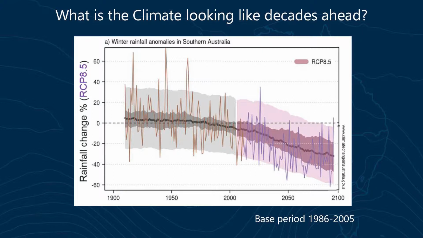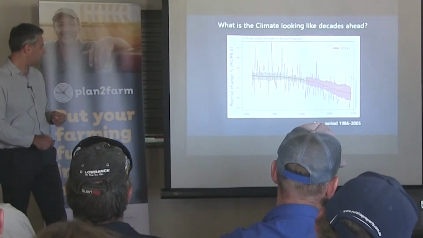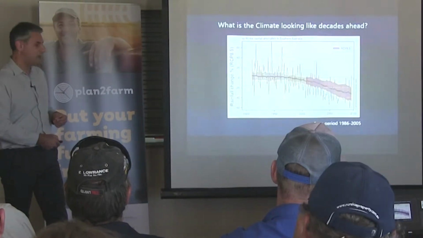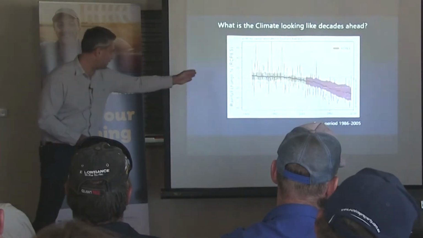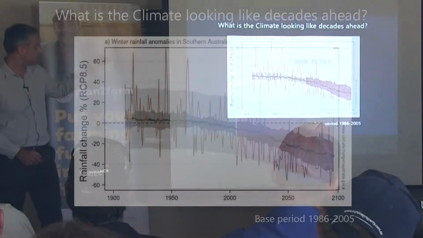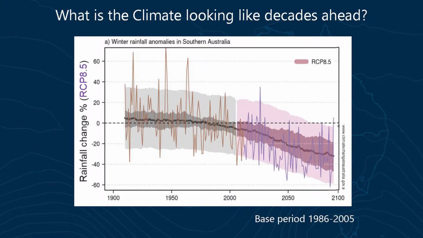We can see there's already a trend downwards on average compared to that reference period. And the bit on the right, that other colour, is a projected ongoing trend from now if we follow the same emissions scenario that's occurring now.